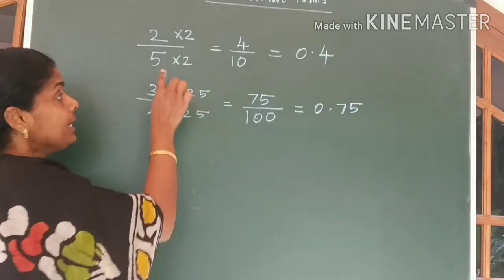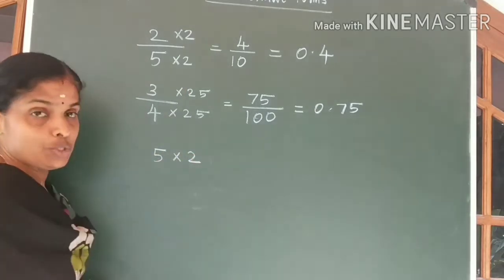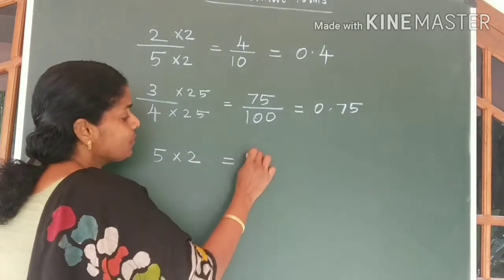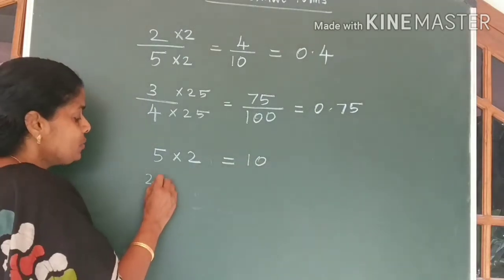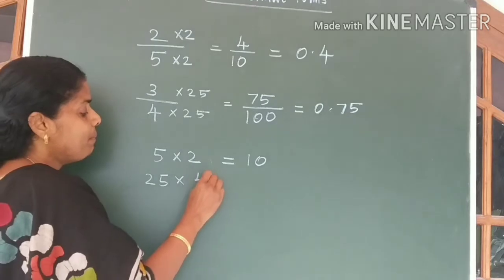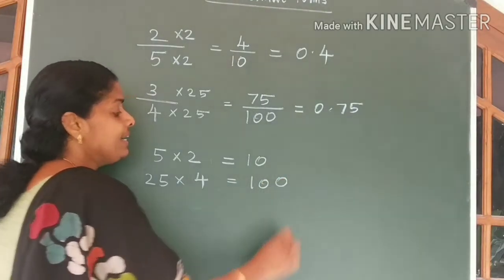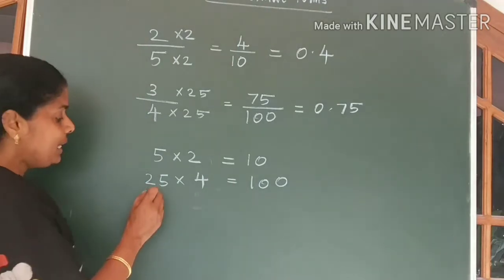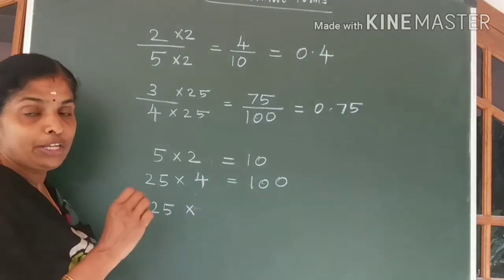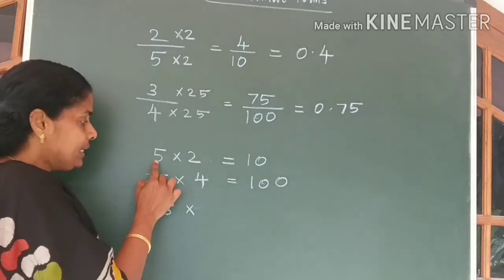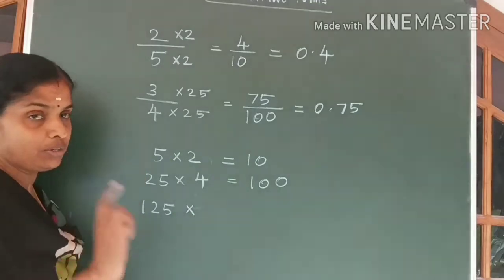If the denominator is 5, you multiply it with 2 so as to get 10. If the denominator is 25, multiply it by 4 so as to get 100. If the denominator is 125, what you have to do? Here you have 5, we are multiplying by 2.